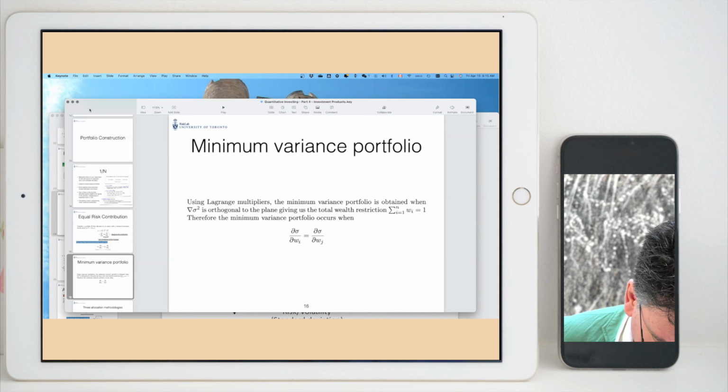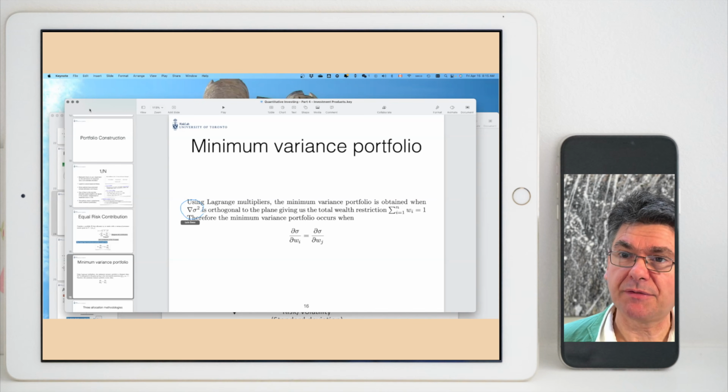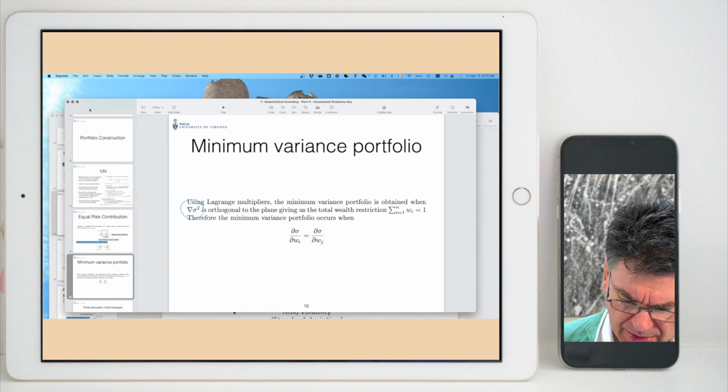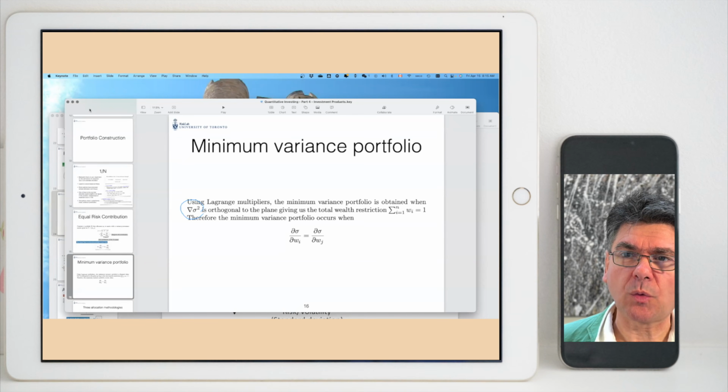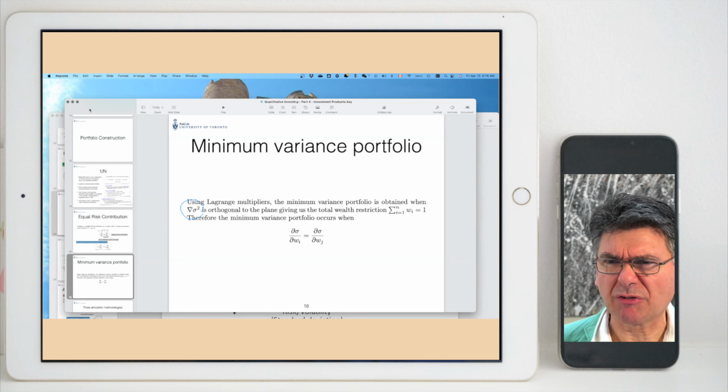So minimizing the variance is this. I minimize the variance. You know that when you're minimizing something, the gradient is 0. But if you are minimizing something with constraints, then the gradient is not 0. The gradient will be perpendicular to your set of constraints. So in this context, this is called Lagrange multipliers.